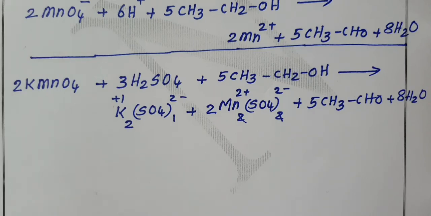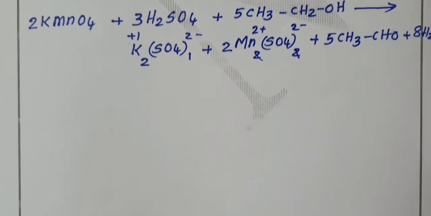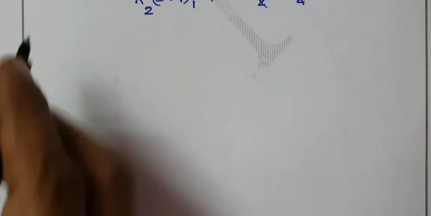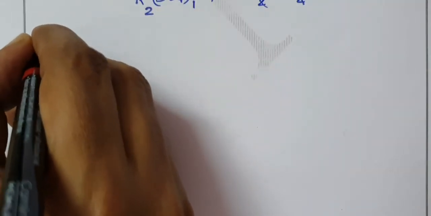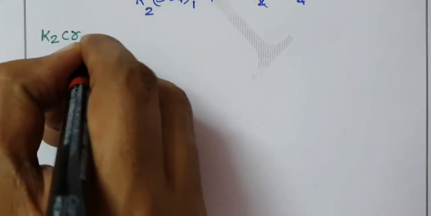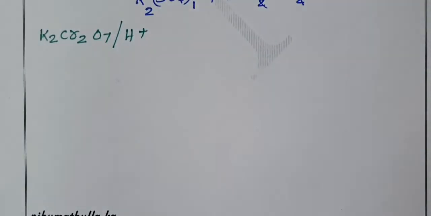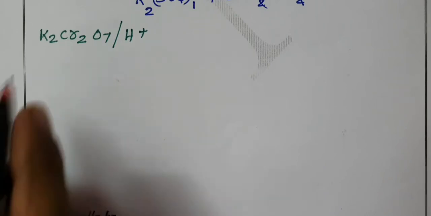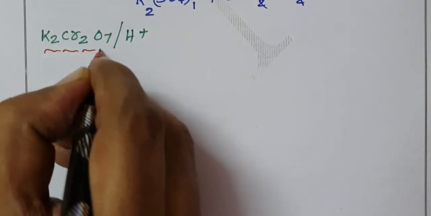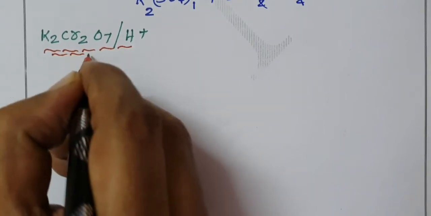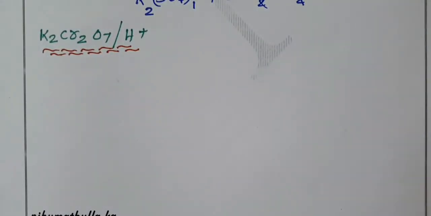Second reaction: how acidified potassium dichromate oxidizes ethyl alcohol into acetic acid, ethanoic acid. The IUPAC name of ethyl alcohol is ethanol, and of acetic acid is ethanoic acid. The medium is acidic medium.